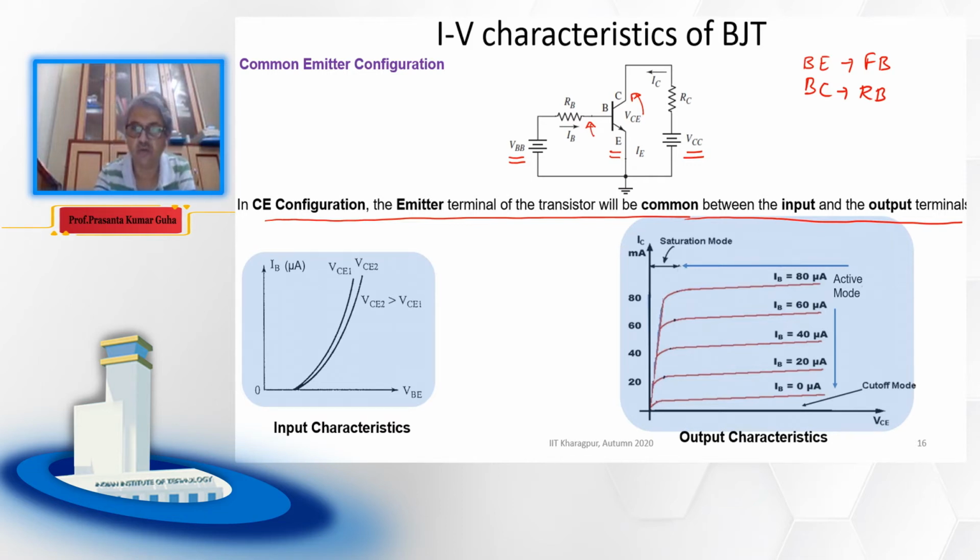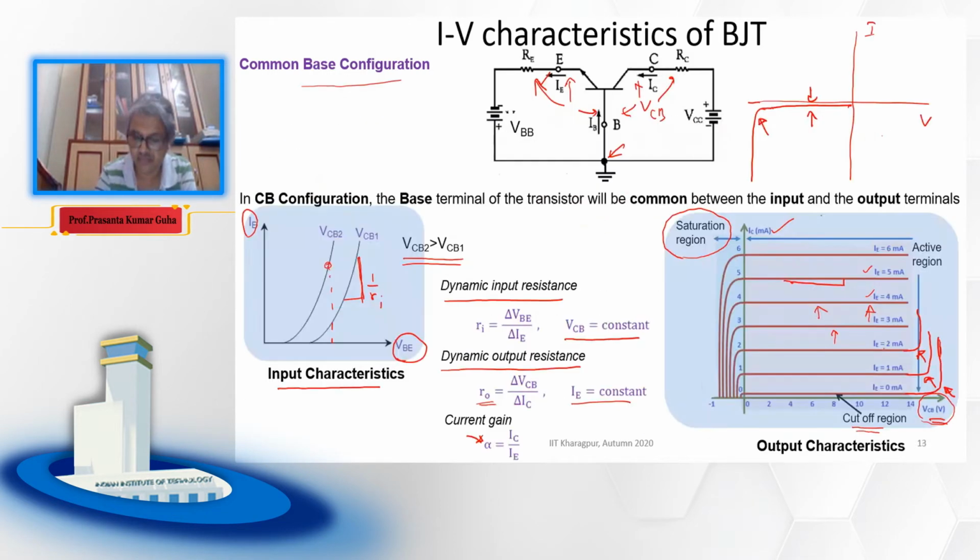It is pretty straightforward in this diagram here. Why? Because we are applying the positive terminal to N and the negative terminal to P. The positive terminal is connected to the collector and the negative terminal is connected to the P type base. That is why the base collector junction is reverse biased.